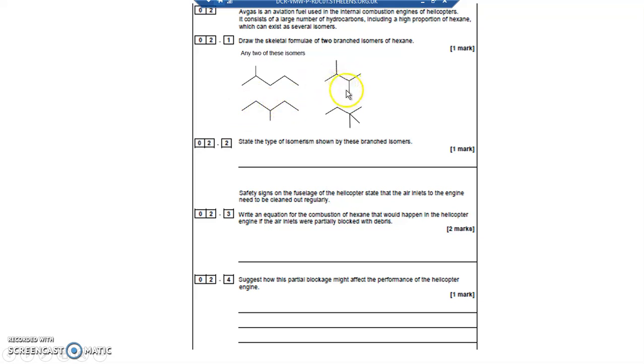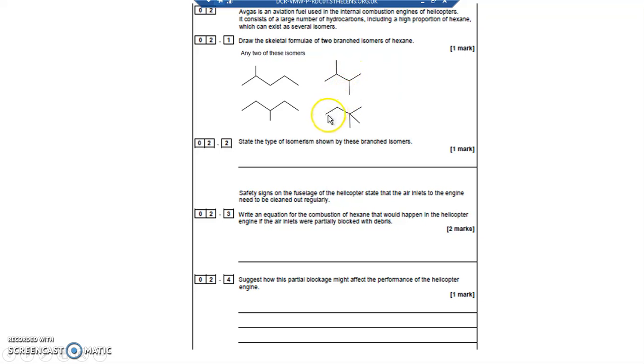There's no reason why you can't have 4 in a line, but with it being hexane, 6 carbons, you need 2 branches this time. So I've got 1, 2, 3, 4 carbons there with a branch, a carbon there and a carbon there. So I've got dimethyl butane now, so 4 in a line is butane, dimethyl. I better say where these are. They're at carbons number 2 and number 3, so I've got 2,3-dimethyl butane.